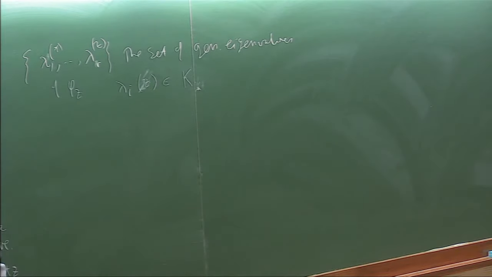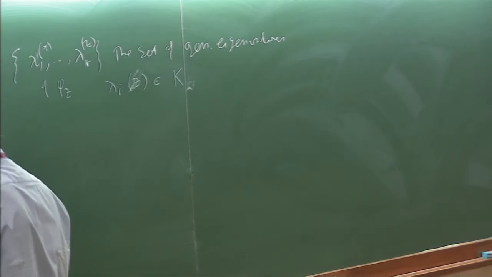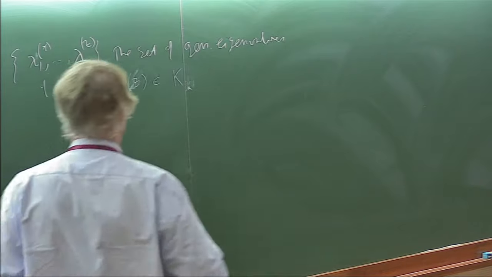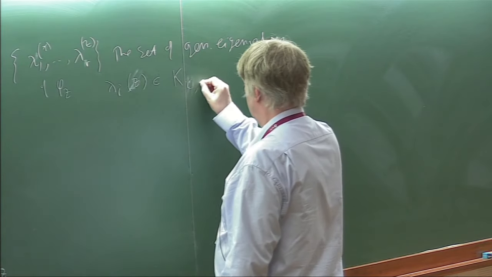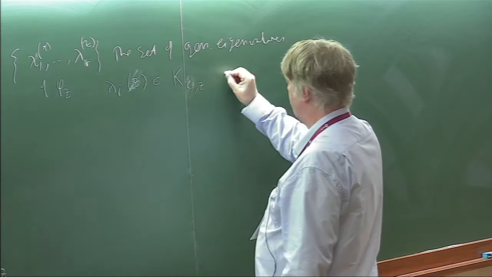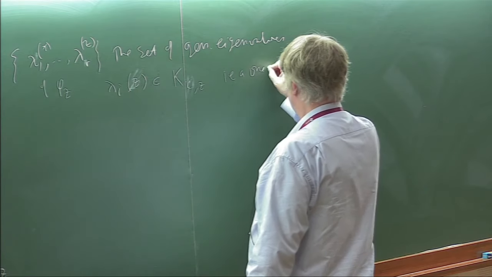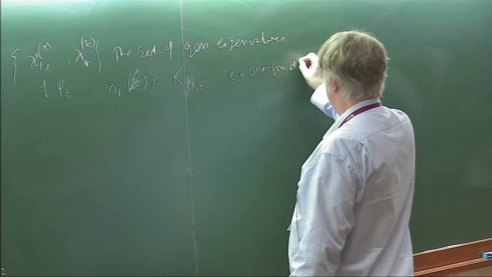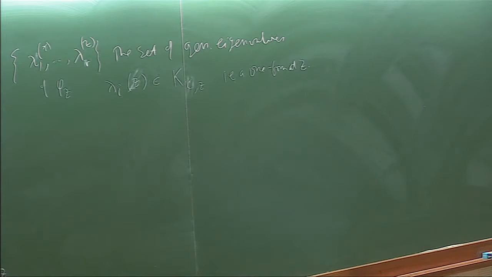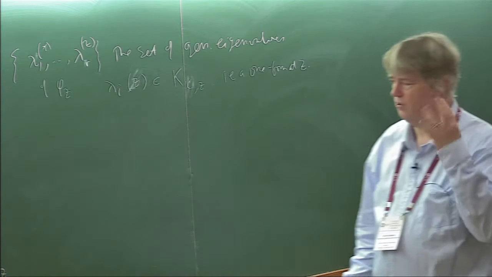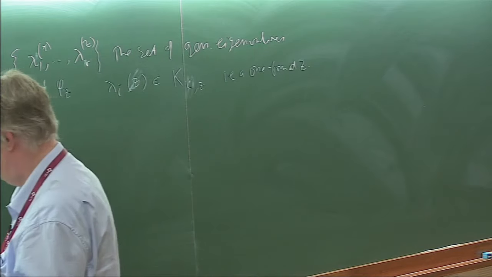Sorry about that. Right, so in other words, a one-form at z. So the eigenvalues of this matrix are, naturally speaking, one-forms at the point z.